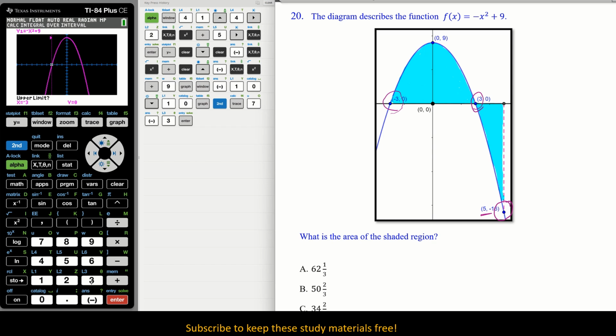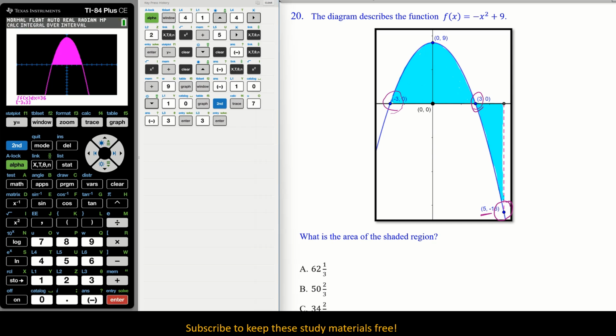So let's push 3, enter. It is totally shaded, telling us that's the area, and go to the integration line above the interval. They give you the interval you chose. So you pick out the value above it, which is 36.